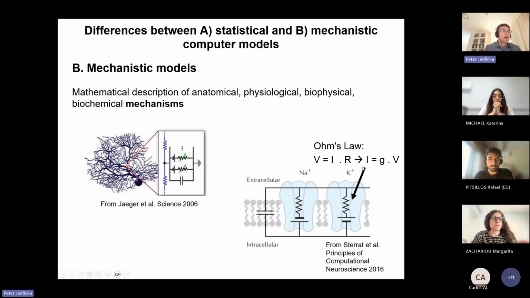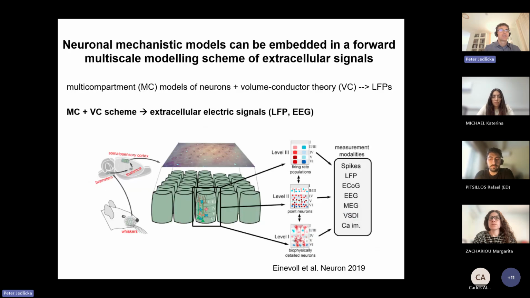If you are familiar with compartmental modeling, then you know about this. If not, then this is a very quick summary. You can use Ohm's law to describe currents that flow through those channels, and you can use the capacitance equation to describe the capacitance properties of the membrane. And then if you combine those equations, you can get very complex mechanistic models.